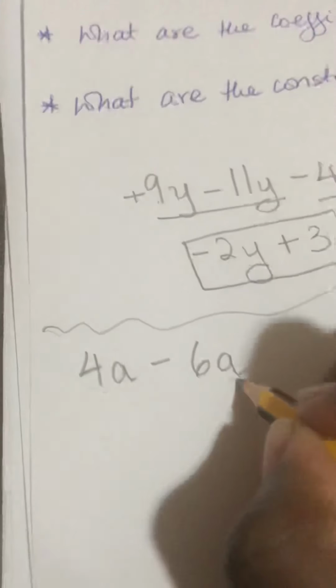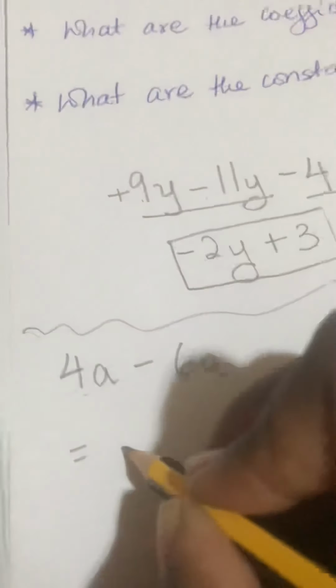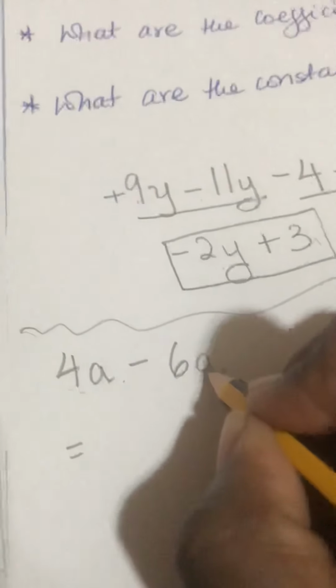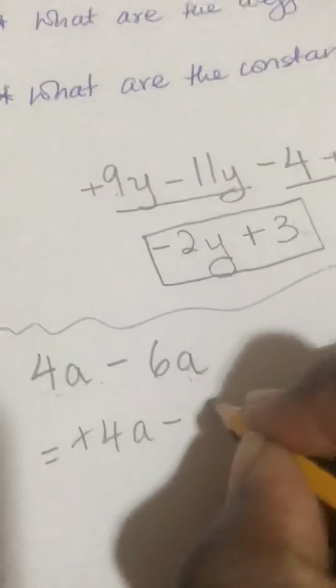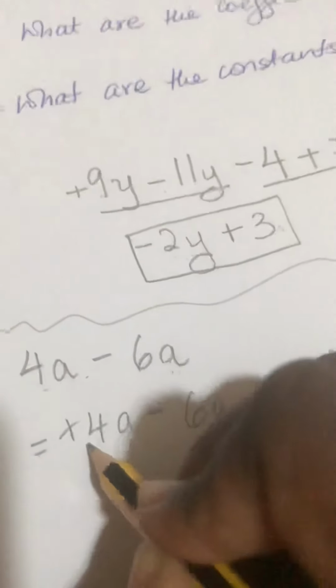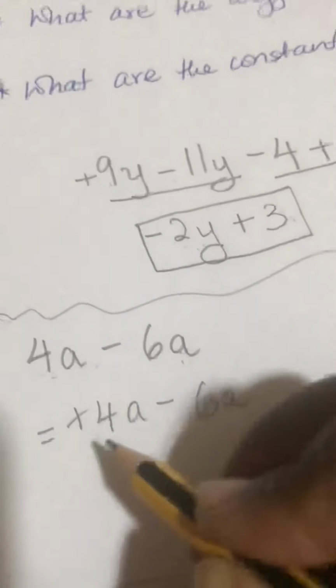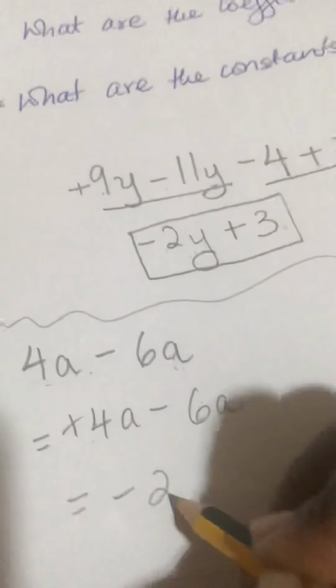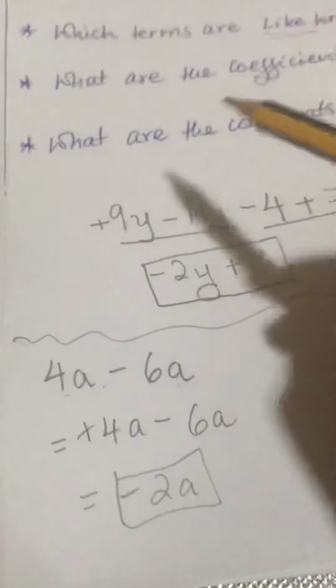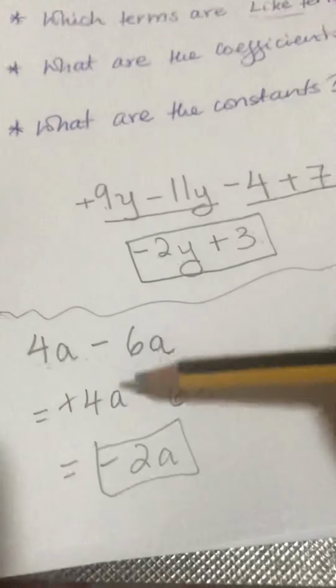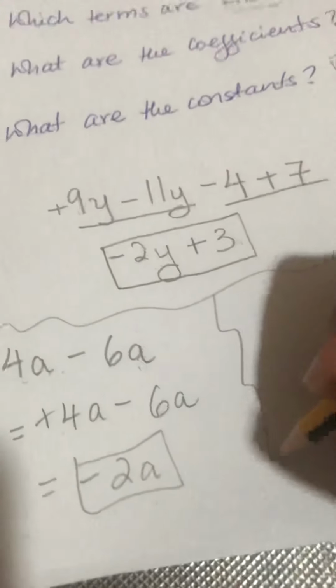So 4a minus 6a means positive 4a minus 6a. Positive 4 minus 6, negative 2a. And this is the answer to this algebraic expression. This is how I have simplified. Let us do another example.